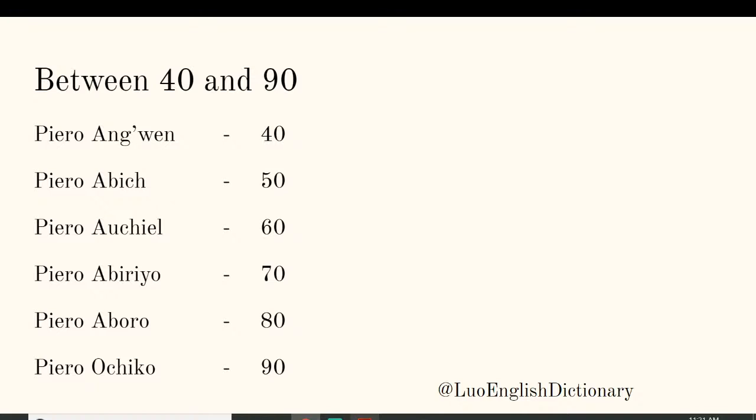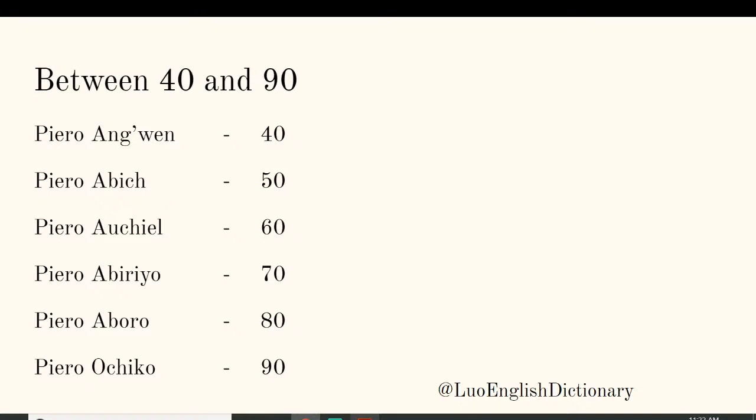So once you've written all this down, then you will start playing with the words. Like you'll type down 51 and try to imagine where 51 would come from. So 51 would be 50, which is piero abich, and then 1, which was achiel.